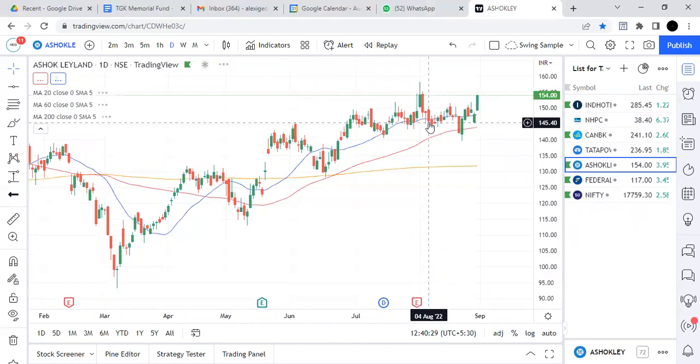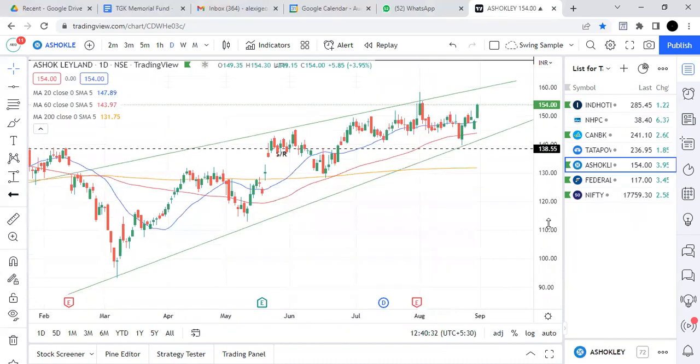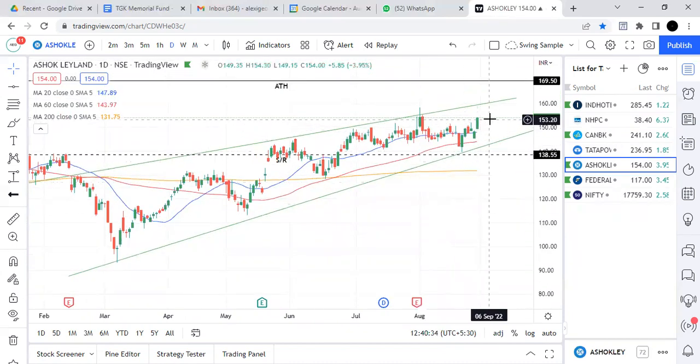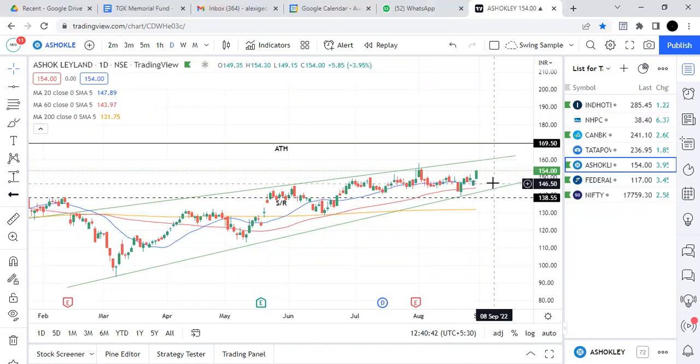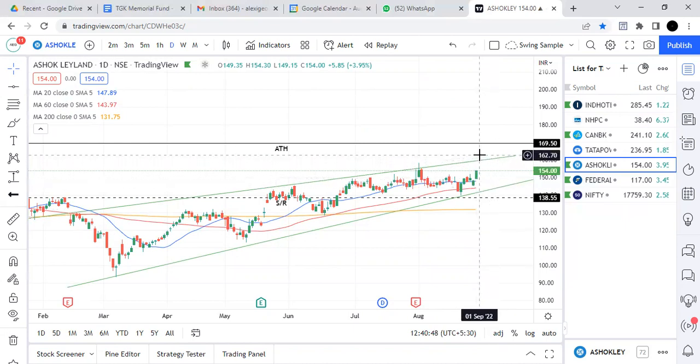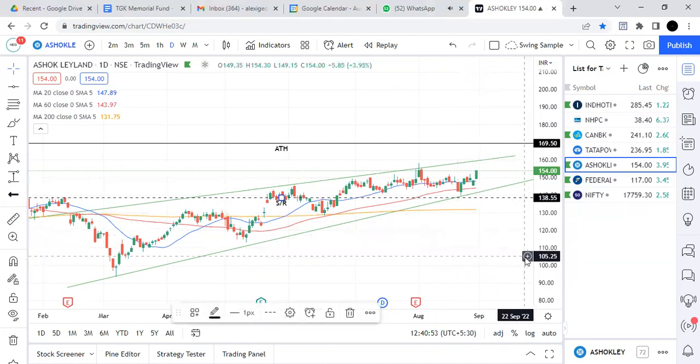Okay, Ashok Leyland is the next one. All right, another channel pattern, but it's right in the middle of the channel pattern or close to the top. So I would not enter. I would watch carefully to see what happens, if it's going to bounce, hit this as the resistance and come back down, or is it going to go up? If it goes up, then I would enter, but here's my stop loss, around 138.55.